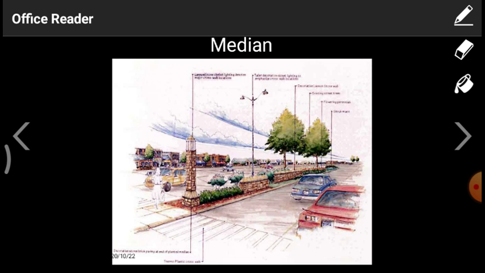In that particular median, a few places have street lights. In a few places we have street lights at the end of the road. That depends upon the number of lanes. If the number of lanes is very small, that means if there is a 2-lane road, automatically we have to keep the street lights at the middle portion of the road.